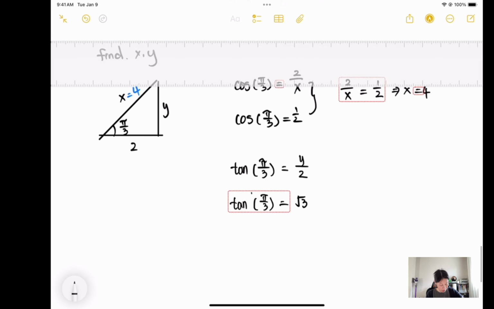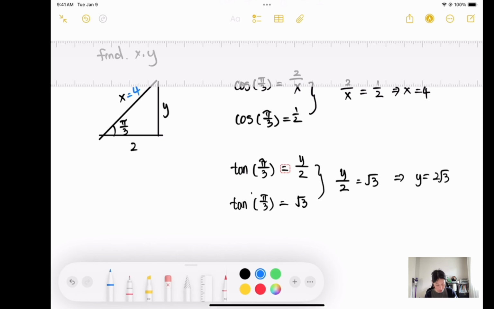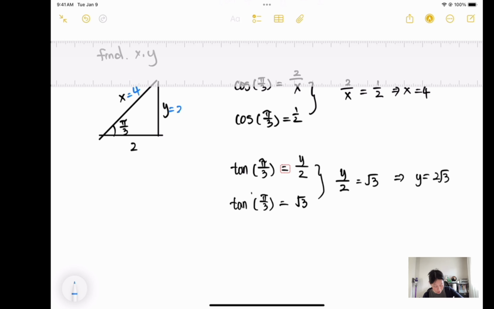So these two equations are equal because they're both equal to tangent pi over 3. Then I have y/2 is equal to the square root of 3. So we solve for y, which is 2 times the square root of 3, by multiplying the 2 on both sides. So that's how we solve x and y.